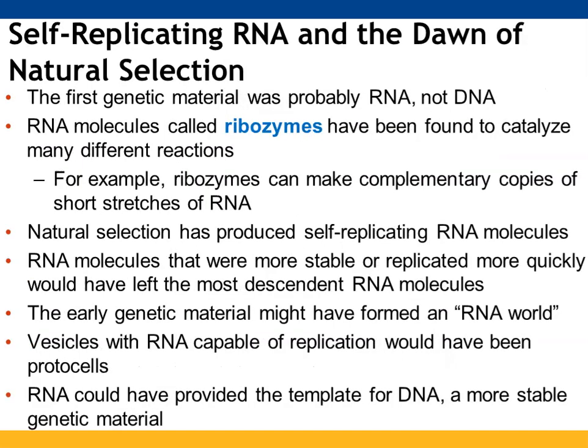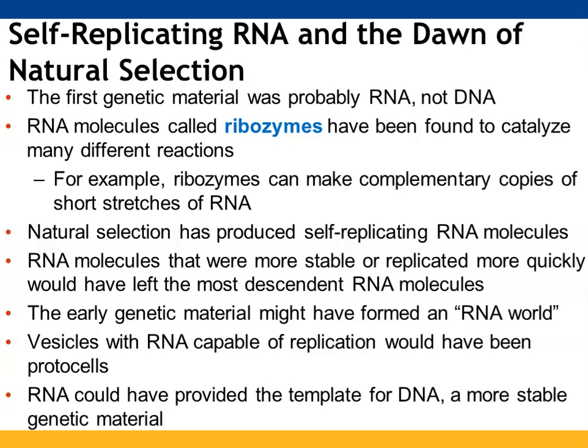So the first genetic material is most likely thought to be RNA as opposed to DNA. RNA molecules such as ribozymes are known to catalyze lots of different reactions. Ribozymes can produce complementary copies of RNA. Natural selection has led to the production of self-replicating RNA molecules.